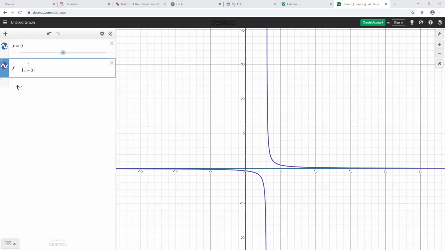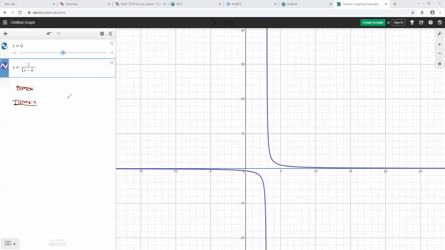So, domain. Well, if there's no division with a variable x in the denominator, then it might be all x values again, which would be negative infinity to infinity. Unless there's a place where we get a division by 0.